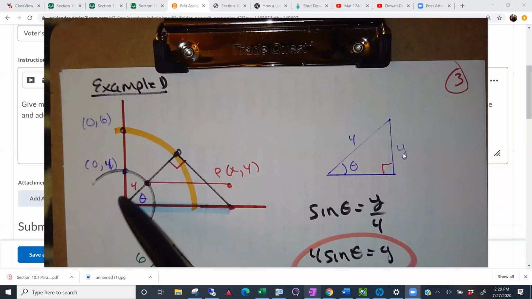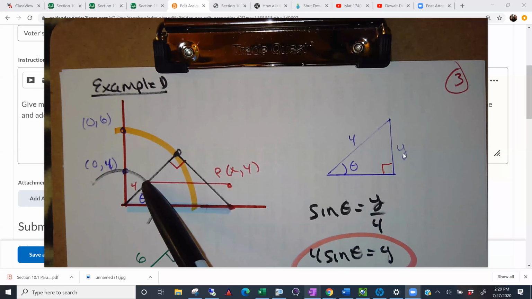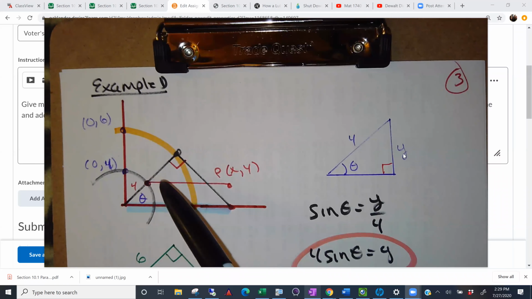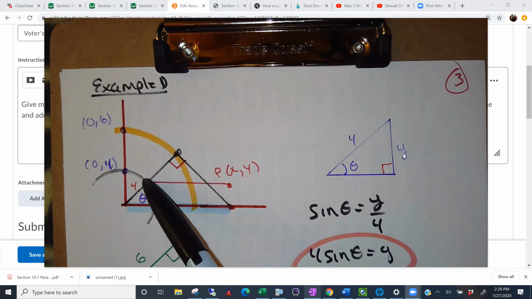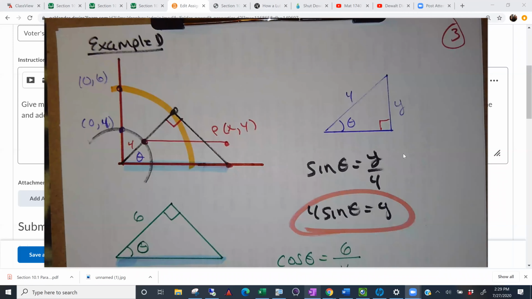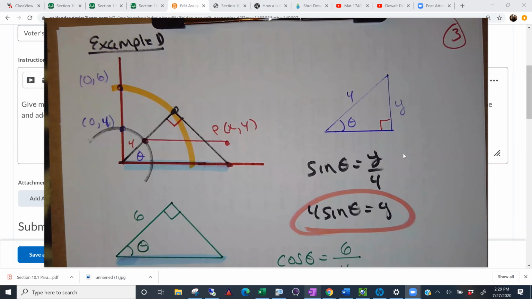Because it's a circle, that radial distance and this radial distance have to be the same, right? That's what defines a circle: a uniform distance from a central point. So that's where I got this as a 4, and this larger one was a 6. Does that help? Yeah. Okay, good.